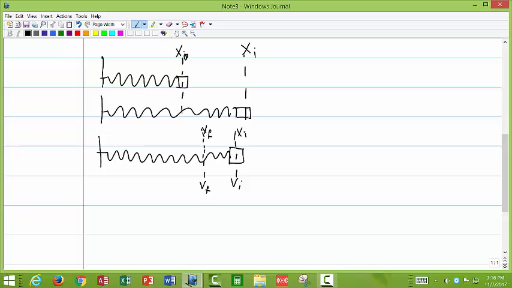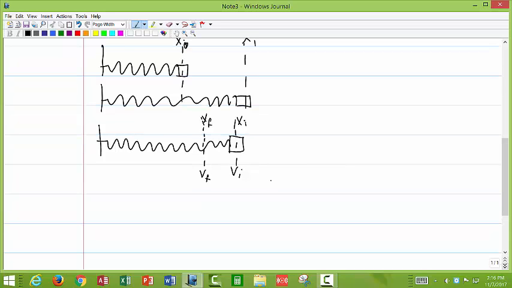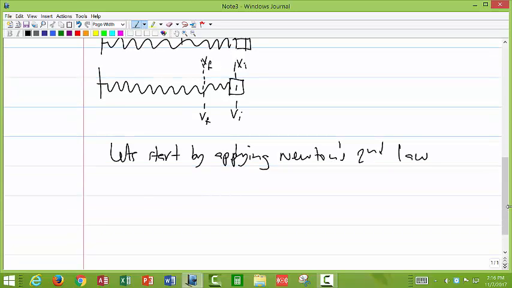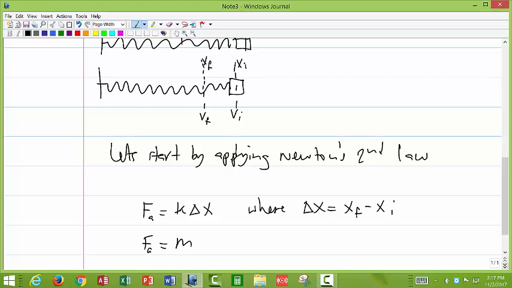So the way this works, of course, is suppose we apply Newton's law. We know that the force applied is equal to k times delta x, where delta x is equal to x final minus x initial. And then this force is equal to m times acceleration, which is dv dt.